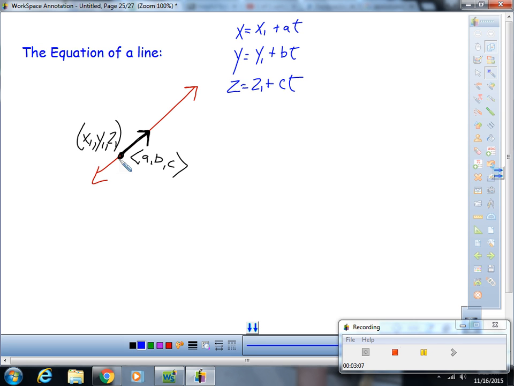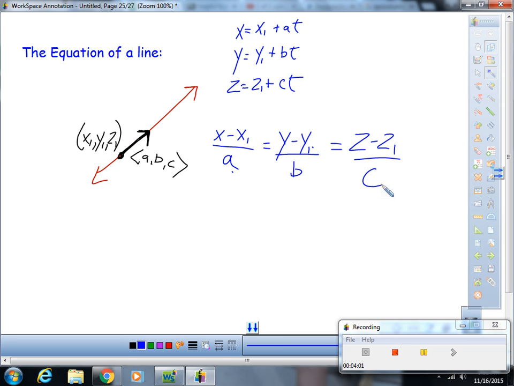Another way to write this would be to solve for t. X minus x1 over a is equal to y minus y1 over b is equal to z minus z1 over c.